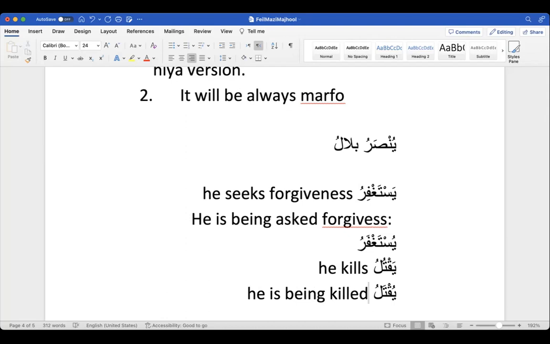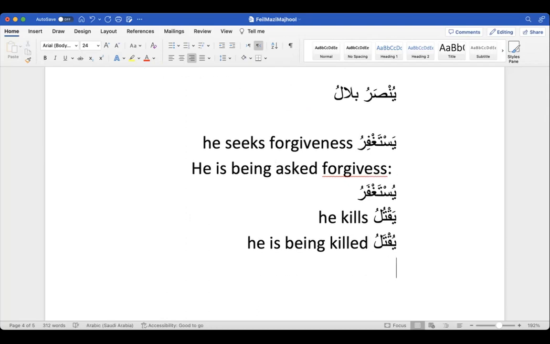Okay, right. Now let's do some examples from the Quran. Zuriba masalu.